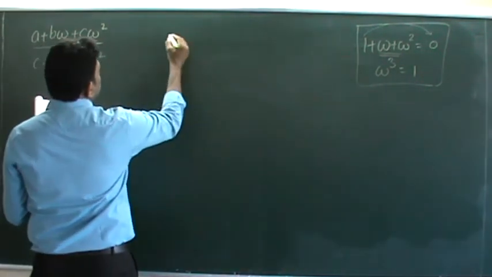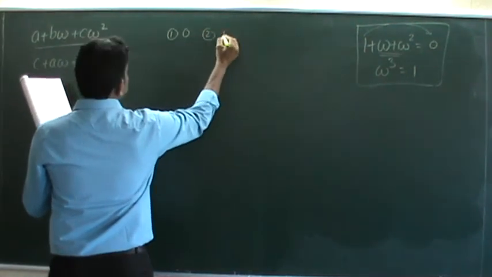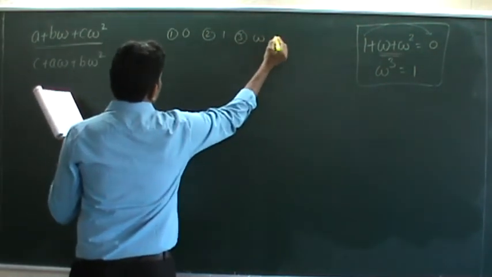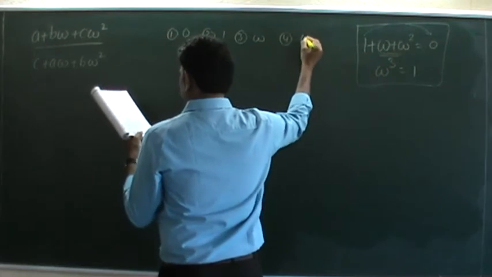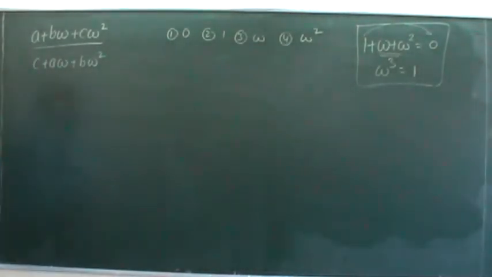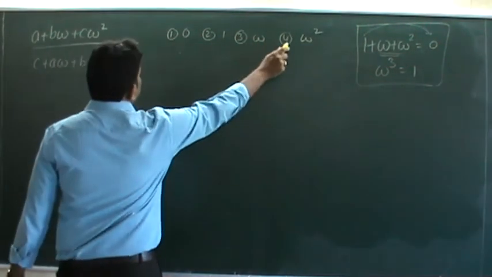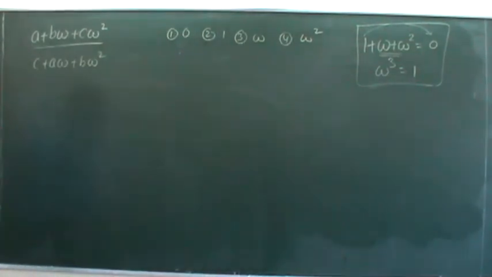Four options are given: the first option is 0, the second is 1, the third is omega, and the fourth is omega square.